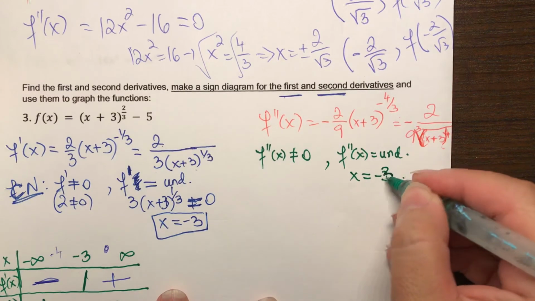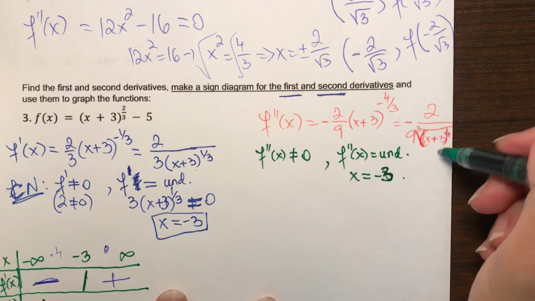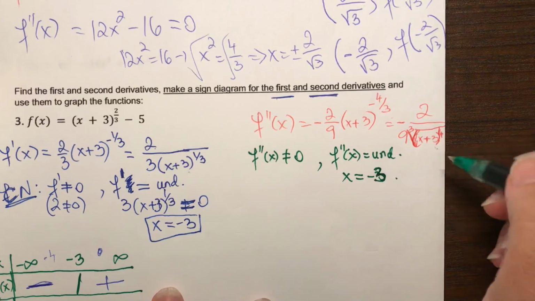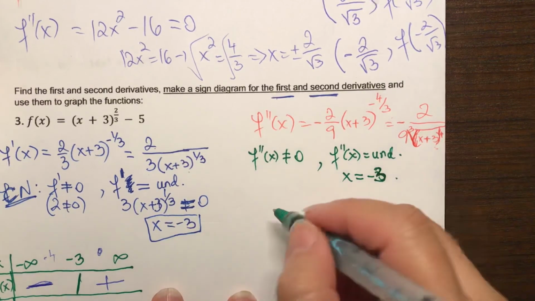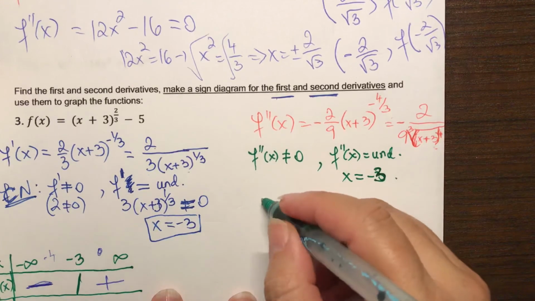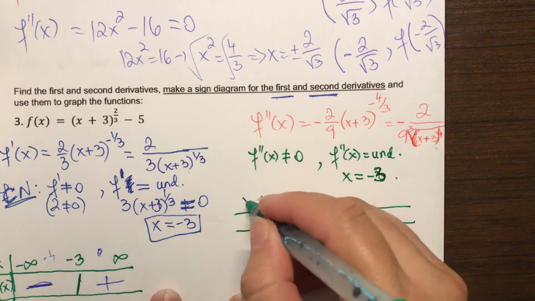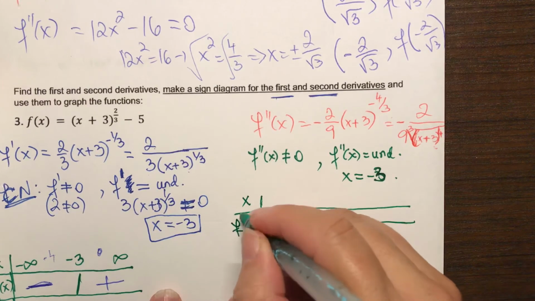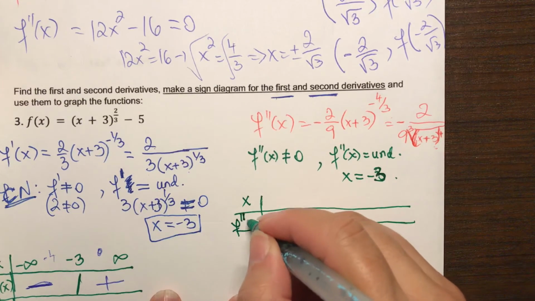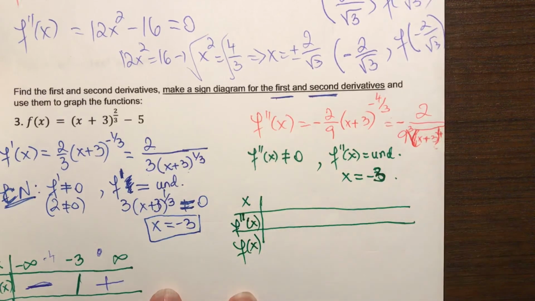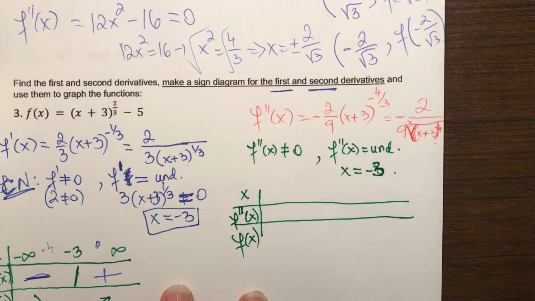When one fails, all the other ones afterwards are going to fail. And I'll clearly see that this fraction will become undefined if x is negative 3. So let me make a sign diagram for this. X, f second derivative of x, and then f of x. So it's a sign diagram for the second derivative.